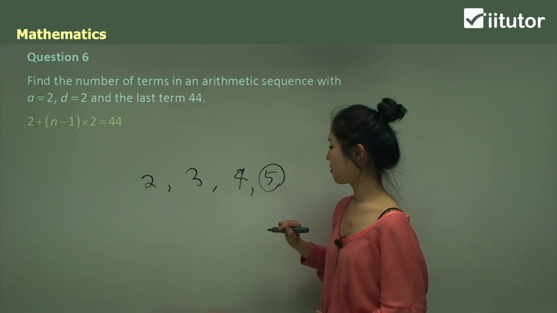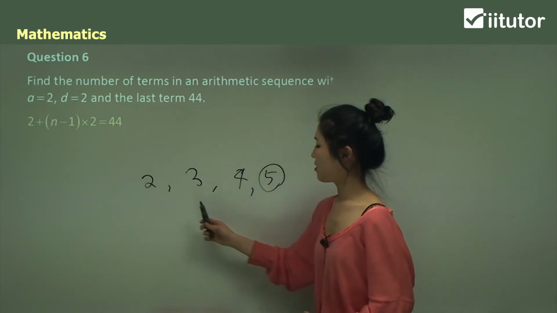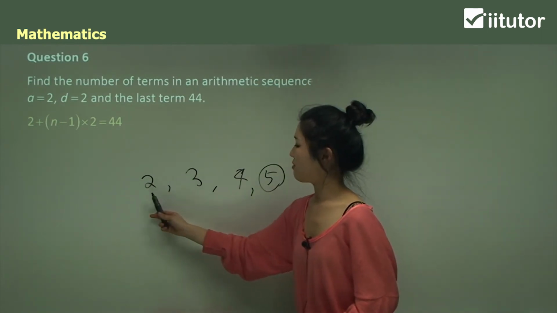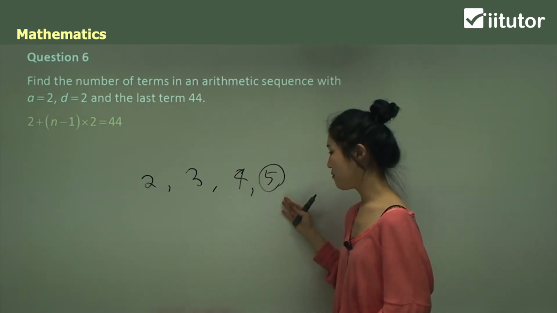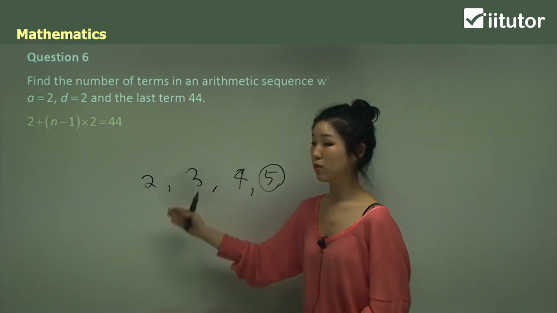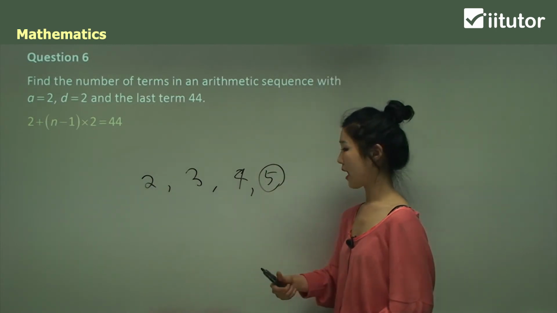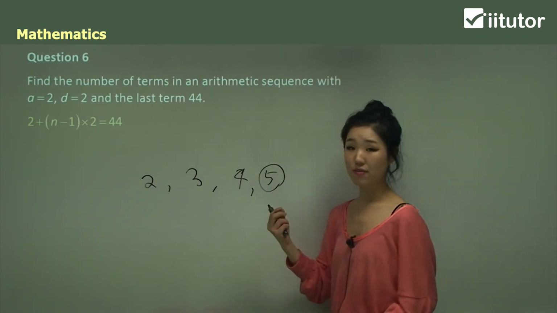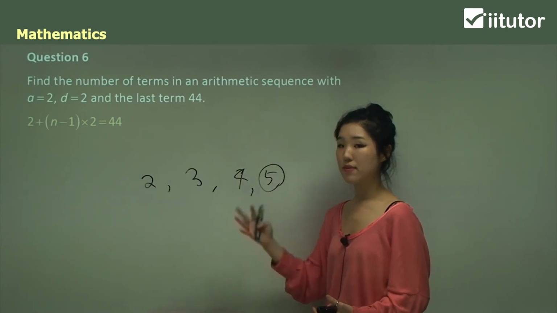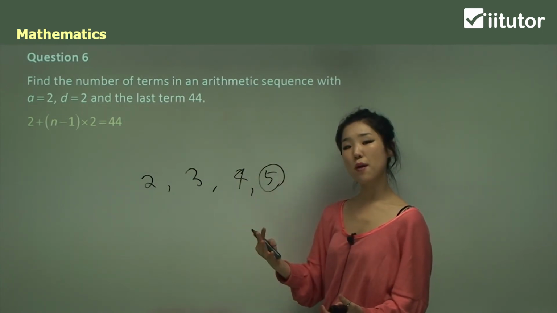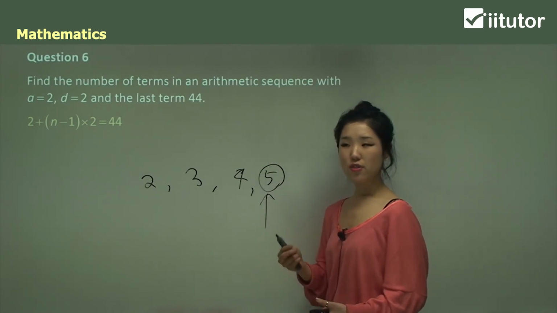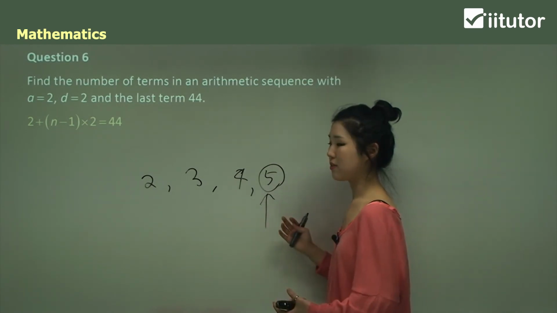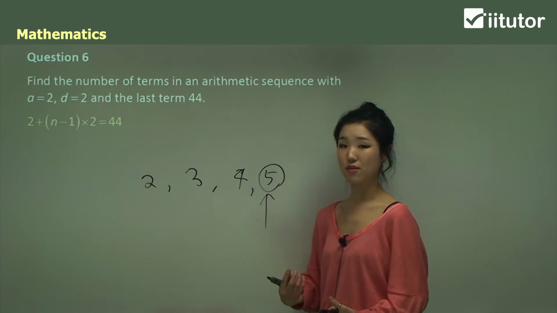How many terms do we have? 1, 2, 3, 4. So the fourth term is 5, and there are 4 numbers altogether. If there are 4 numbers in this sequence, the fourth term must be the last number, which is 5. So how many numbers there are in a sequence can indicate what the last number is as well.